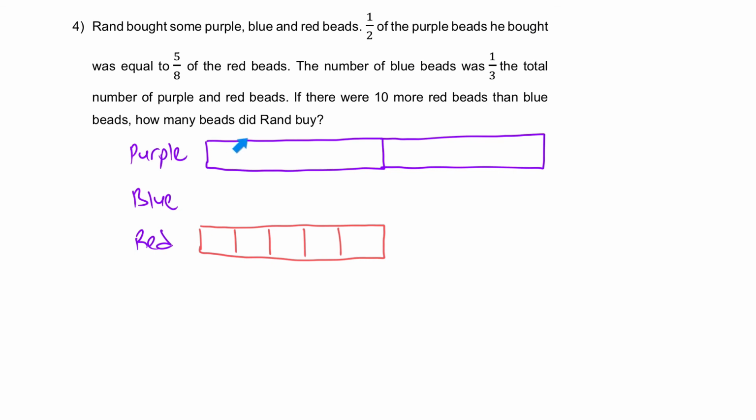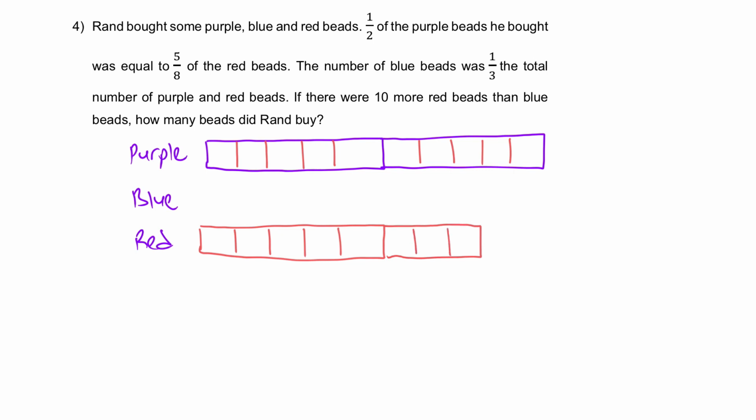So again, one box of purple is equal to 5 boxes of the red. So I'm going to make them equal units. So 1, 2, 3, 4, 5. Same thing for this. 1, 2, 3, 4, 5. And red has how many units? 8 of it. So you're going to draw it this way.